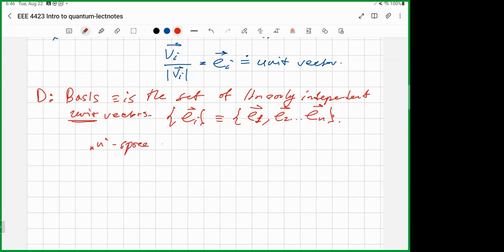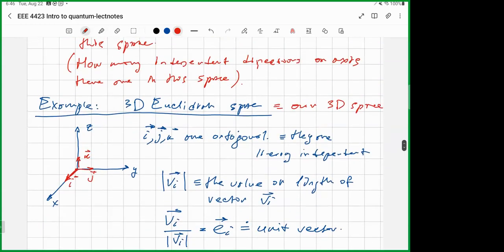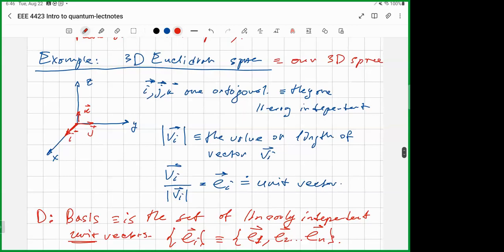Space dimension. For example, if our space is two-dimensional, we will have only two basis unit vectors, e1, e2. If our space is three-dimensional, like we are used to, we will have e1, e2, e3. If we choose these orthogonal coordinates, these vectors will be i, j, and k.